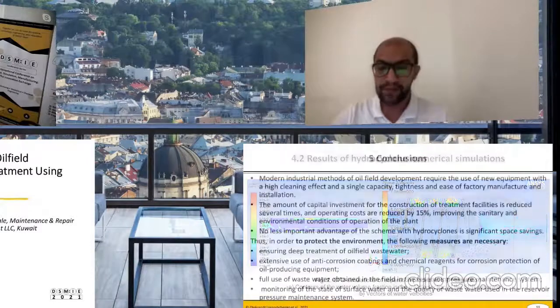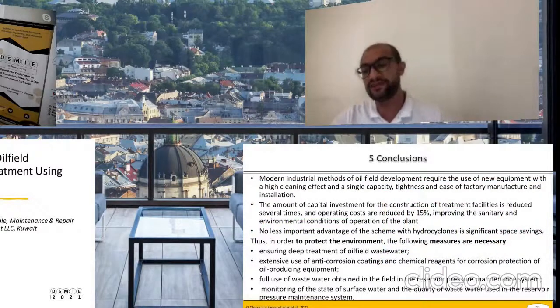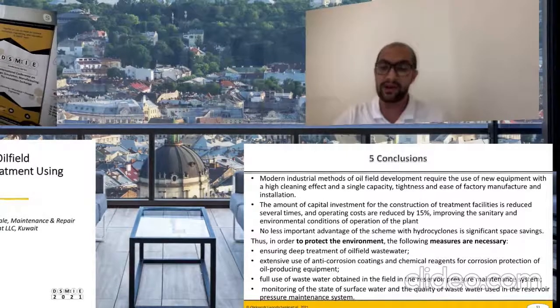Slide 11. The conclusion. Modern industrial methods of oil field development require the use of new equipment with a high cleaning effect and a single capacity, tightness, and ease of factory manufacture and installation.